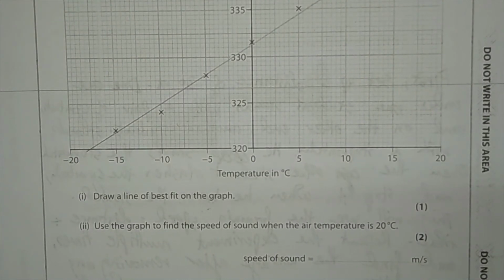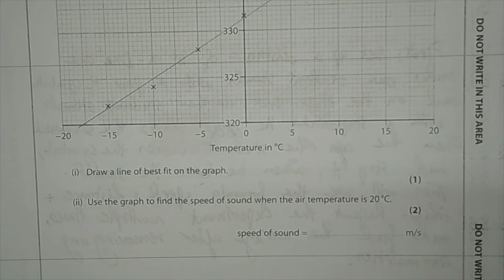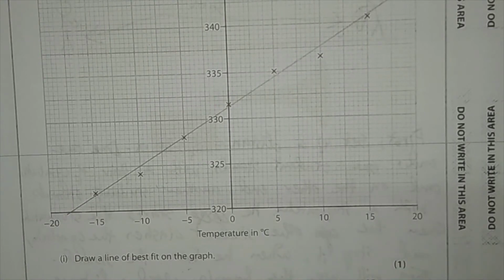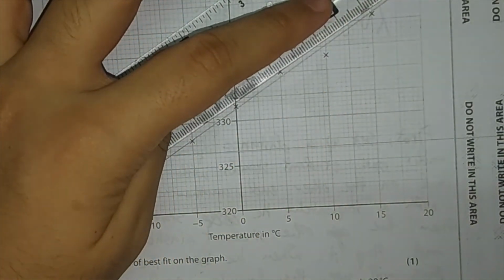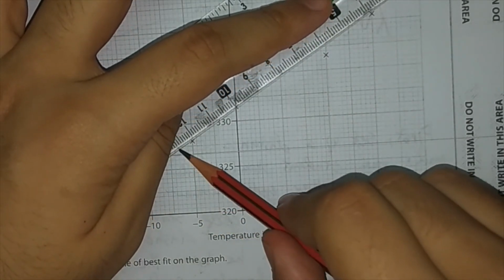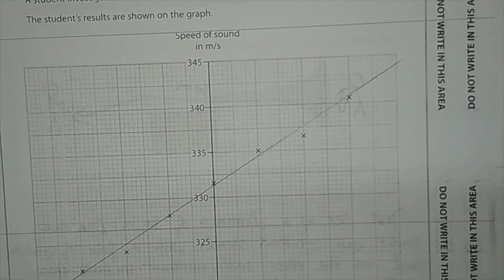1 mark, easy. Use the graph to find the speed of sound when the air temperature is 20 degrees. So our temperature scale is over here, independent variable. At 20 degrees C we have to extend our line actually. That gives us about a line tail here.